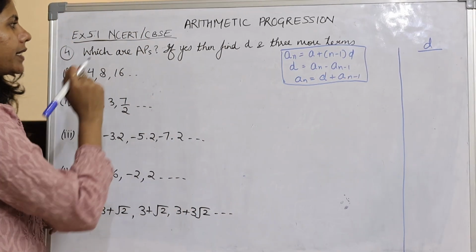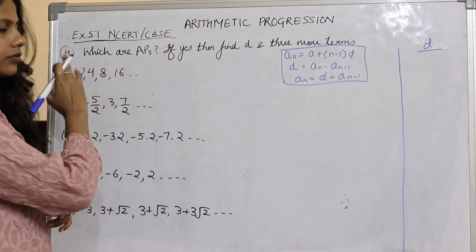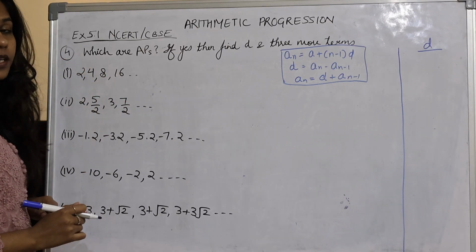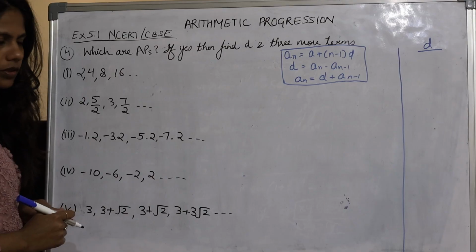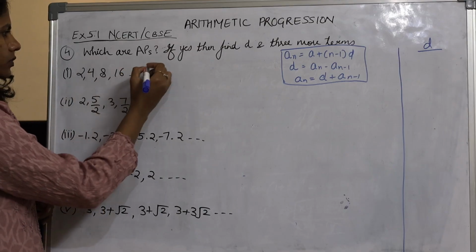Now to find an AP, what we'll do is we'll find the difference between each consecutive terms until we get a difference which is not equal to the previous one. Okay, so let's start from here.